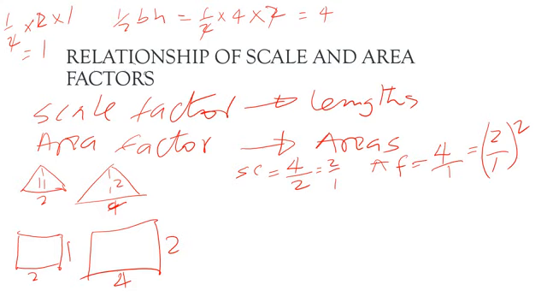If you expand that one, it will give you 4/1. Okay? And let's look at the second one. For this one, the scale factor, we may choose any. It will be 4/2, and this one will be 2/1.